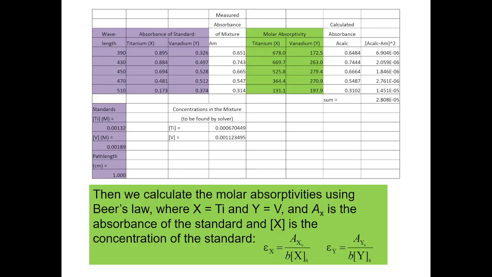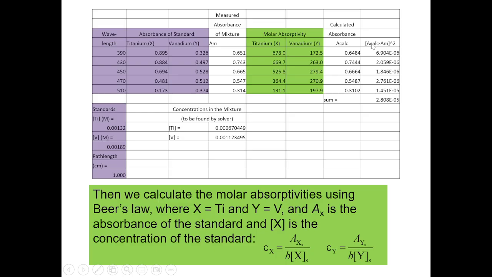Fantastic. All right. These are the absorbance of the standards, your molar absorptivities that you calculated here. This is the measured absorbance of your mixture. This would be your calculated using the Beer's law that you just calculated from your standards, right? And what we see here is we take the differences.